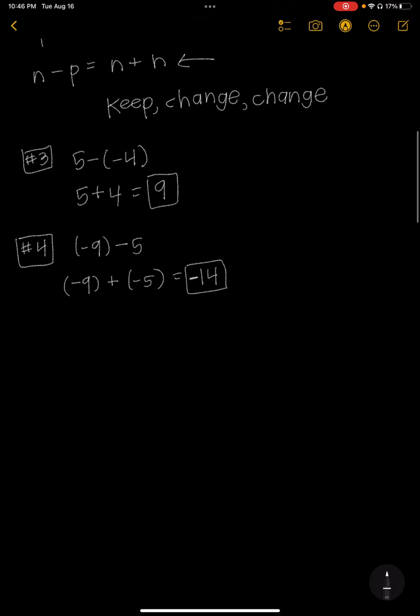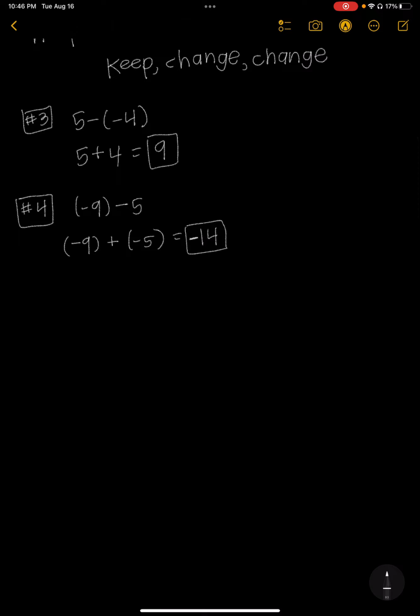Here's the deal. Multiplication and division both have the same rules, so I'm just going to write one set of rules. If we have a positive times a positive, that is equal to a positive.